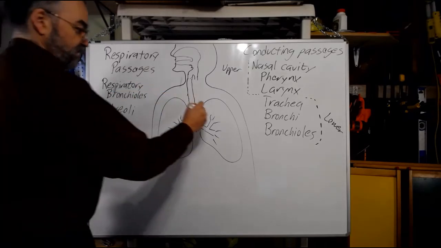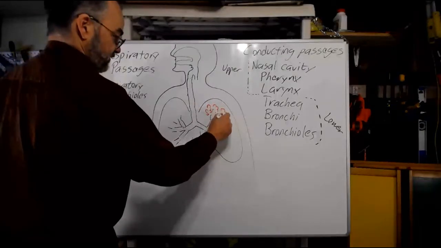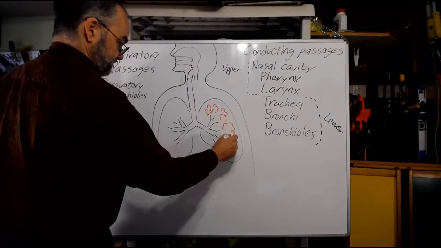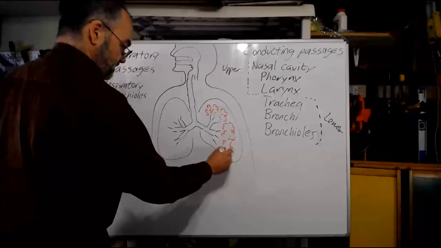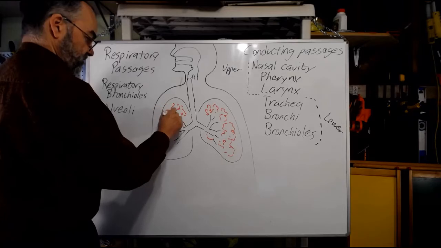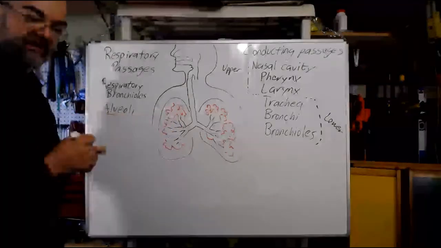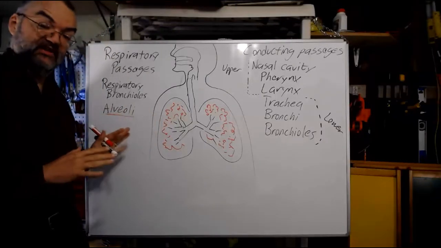But the alveoli are the tiny little air sacs that fill most of the lungs. There are millions of these, so I can't draw them. I'm just going to draw kind of vaguely squiggly lines to represent the alveoli. That's most of the exchange surface.